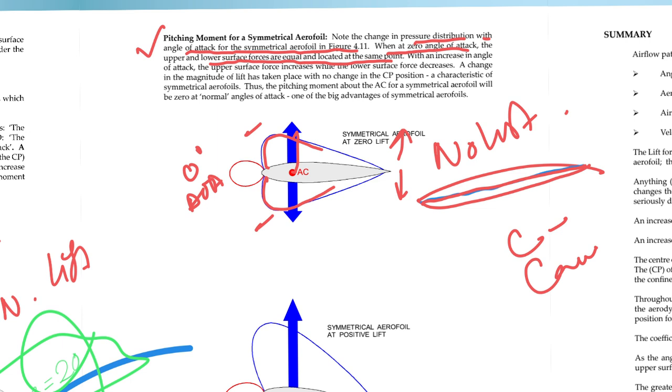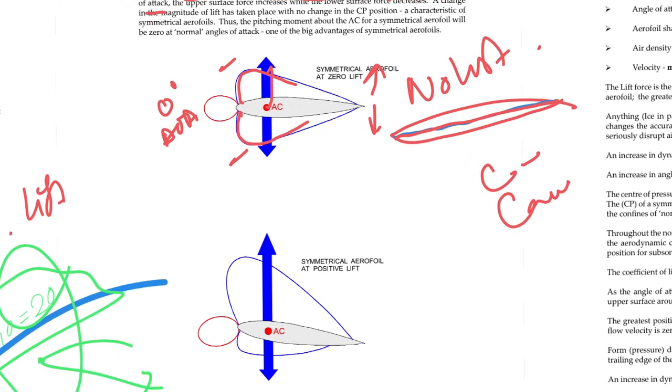Now, with an increase in angle of attack, the upper surface force increases while the lower surface force decreases. On the upper surface, the low pressure area has become like this, and on the lower surface like this.